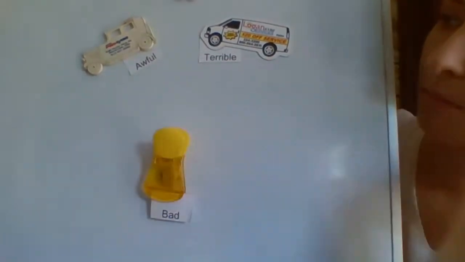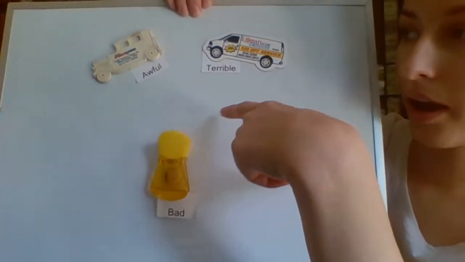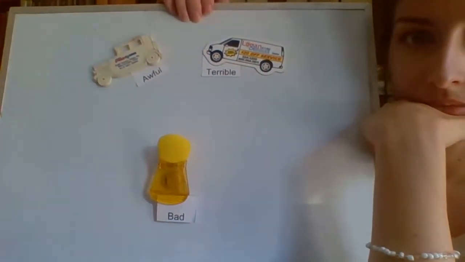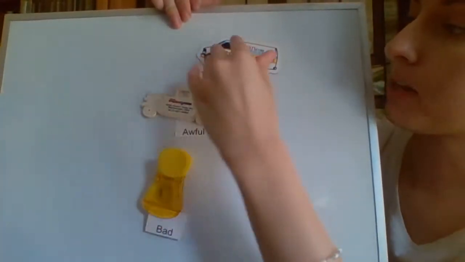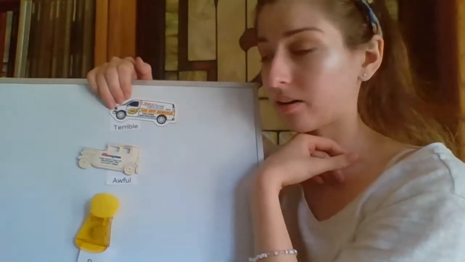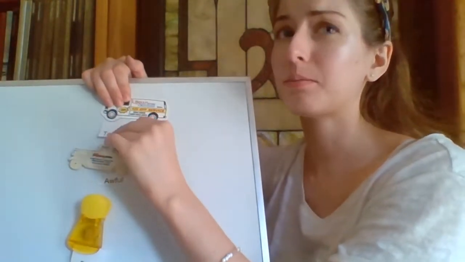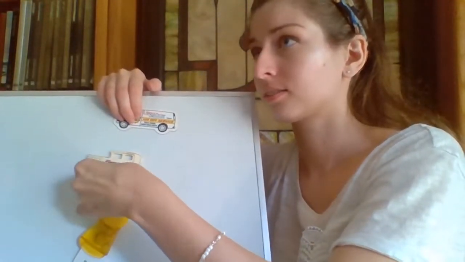So that'll go down at the bottom. And then what's more than bad? Would it be awful or terrible? To me, I think awful would be then in the middle, and then terrible would be the most bad of all, because terrible is extremely bad, not good at all.